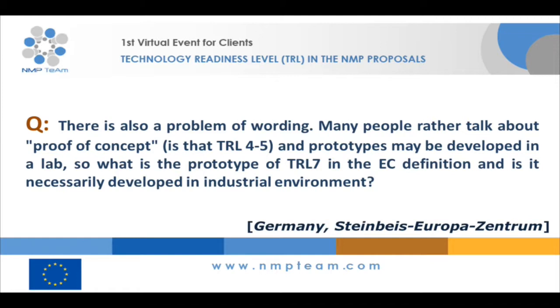So now, what is proof of concept and what is a prototype of TRL 7? So that I also tried to answer earlier. TRL 7 is meant to be in an operational environment. That is a definition. That is how we understand it. It is used quite extensively in the new work program.